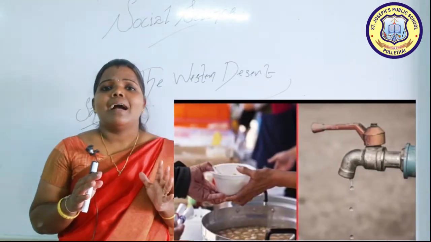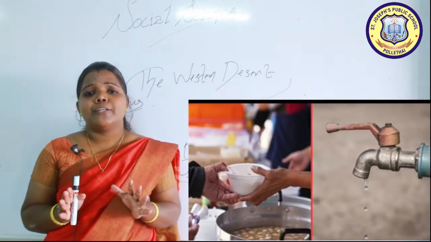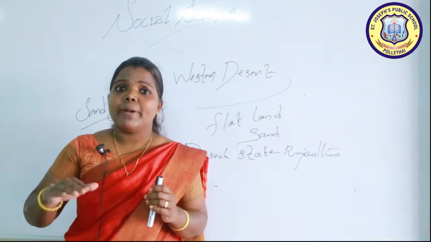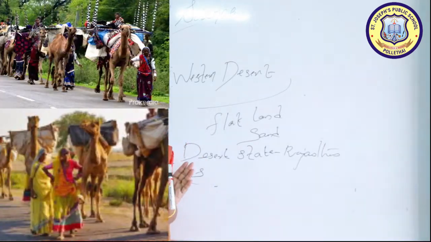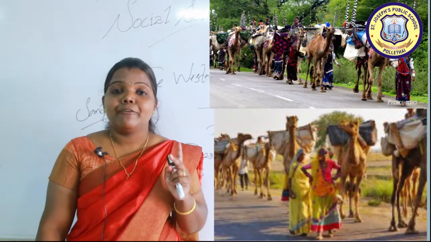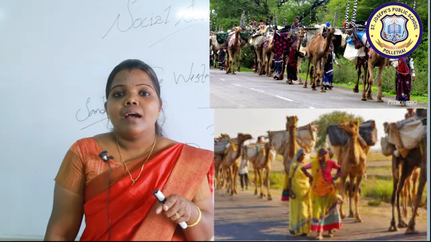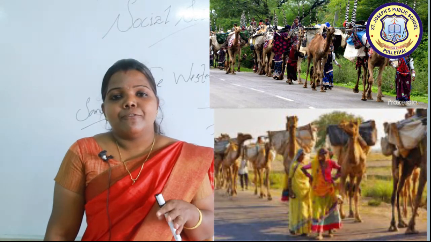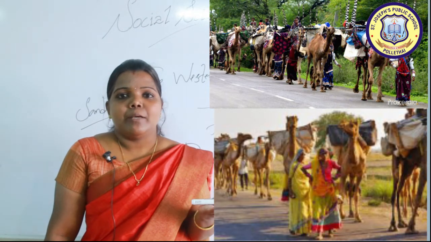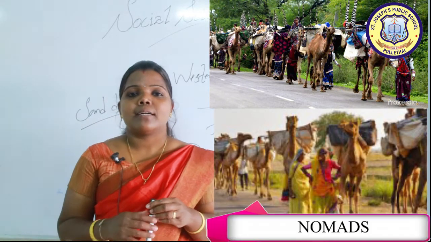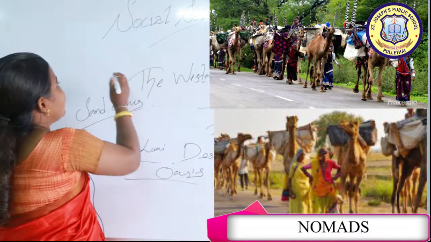As a result of scarcity of water and food, people move from one place to another to get food for themselves and their animals. That type of people are known as nomads.